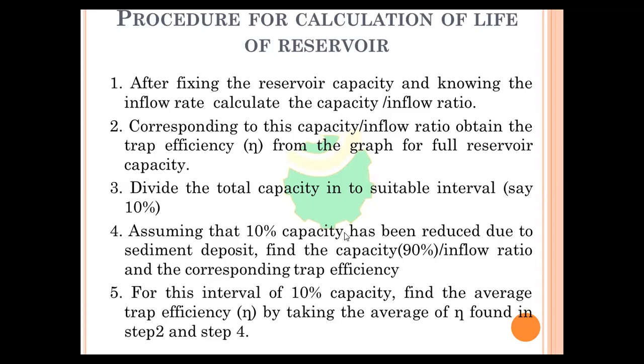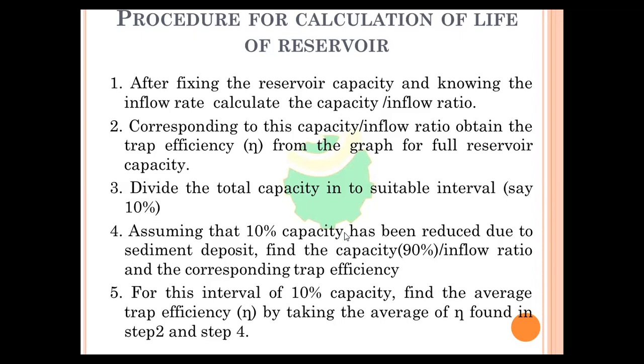For 9, what is the trap efficiency? That value should be taken from the graph. Okay. So repeatedly you can do this down to 10%. Calculate again with 90%, 80%, like that, and obtain the trap efficiency values for each interval.